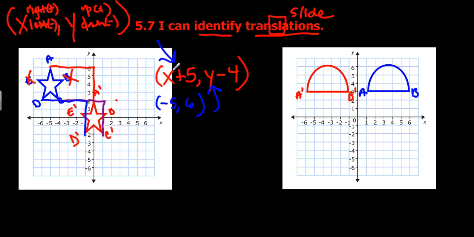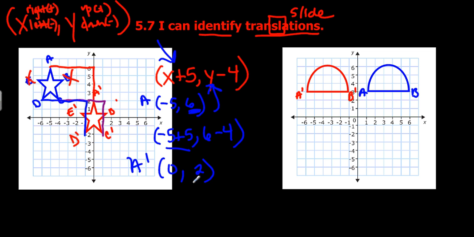So if I fill my -5 in for my X, I'd get -5 plus 5. And I fill my Y value in for the Y, I would get 6 minus 4. If I do the math, -5 plus 5 gives me 0, and 6 minus 4 gives me 2. So this should tell me that if A was here, A prime should be at 0, 2.